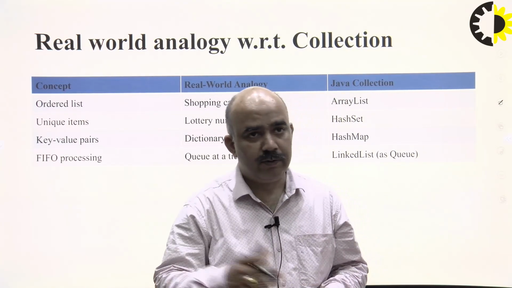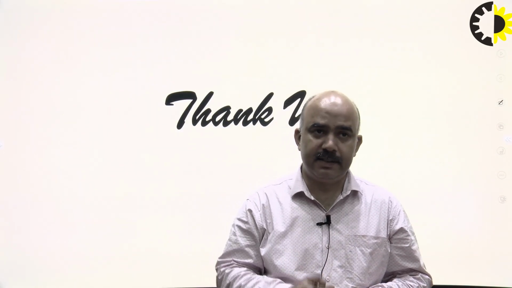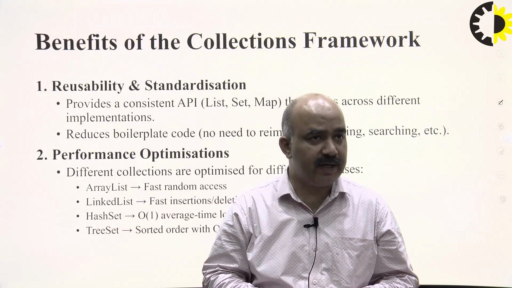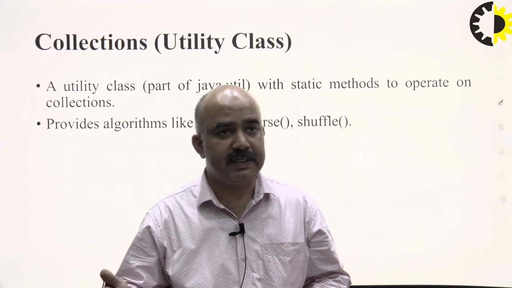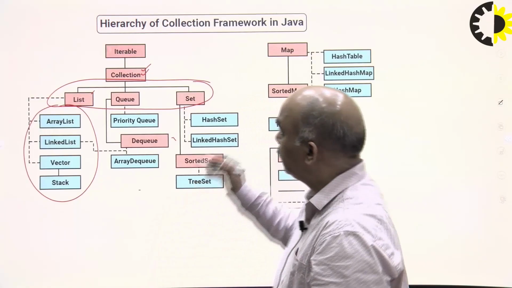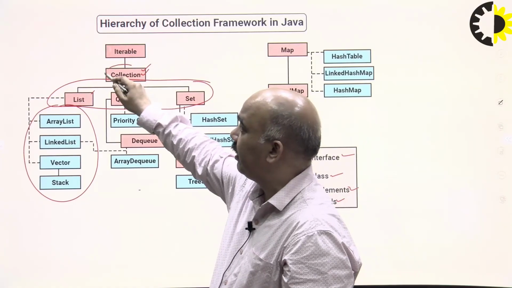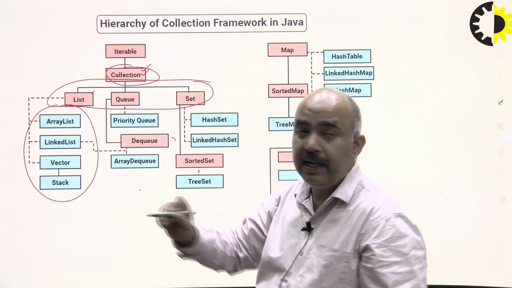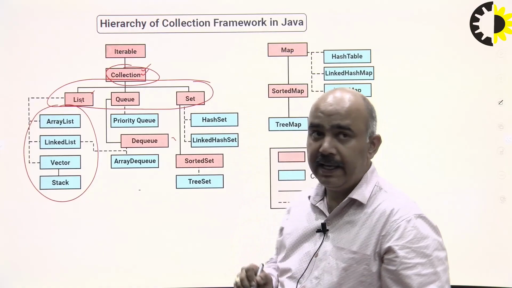Okay, thank you. In this session, we have discussed what the collection is, the collection framework, and what collections is. These are the three terminologies you should know. The collection framework is the overall picture. Collection is the interface, the root of the hierarchy, which is further implemented by list, queue and set.